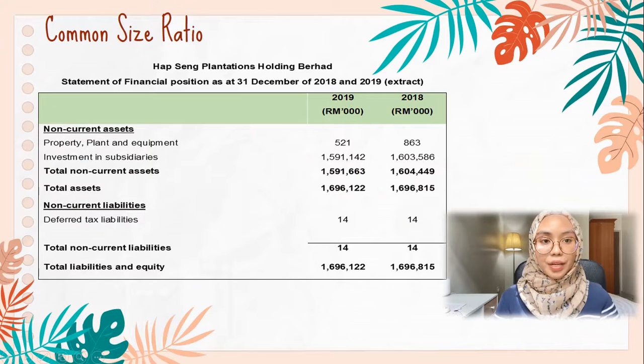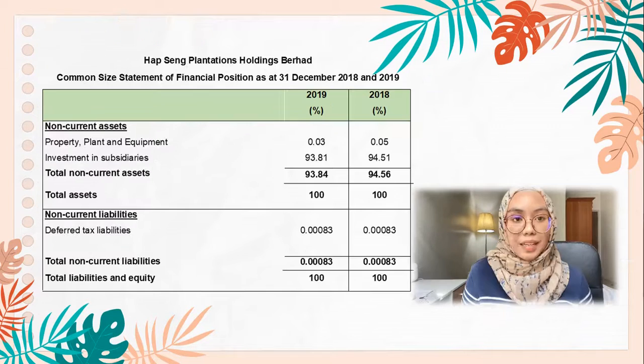Following is the statement of financial position extract as at 31 December 2019 for Hap Seng Plantations Holdings Berhad. The non-current assets for Hap Seng Plantations Holding Berhad consist of property, plant and equipment and investment in subsidiaries. The percentage for property, plant and equipment in the year 2018 is 0.05% and it has decreased to 0.03% in 2019.